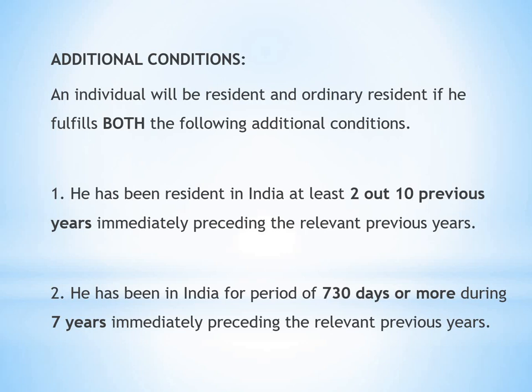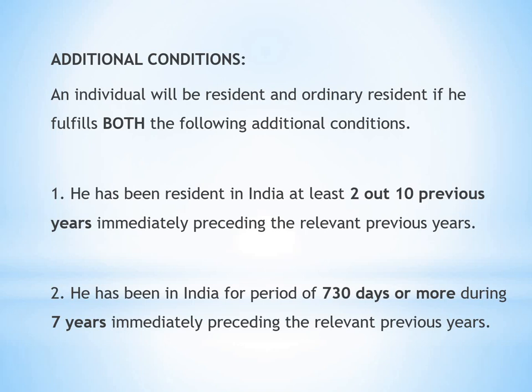If an individual fulfills any one basic condition, he becomes a resident, and if he fulfills both the additional conditions, he will be called a resident and ordinary resident. If an individual fulfills any one of the basic conditions, he becomes a resident, and if he fulfills only one of the additional conditions, he will be called a resident but not ordinary resident.